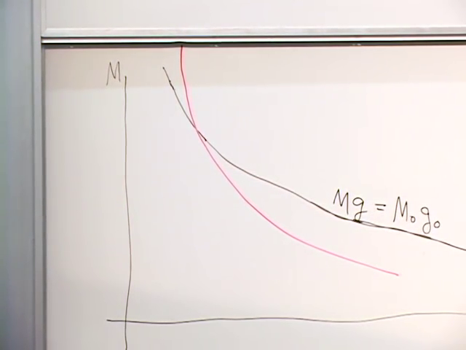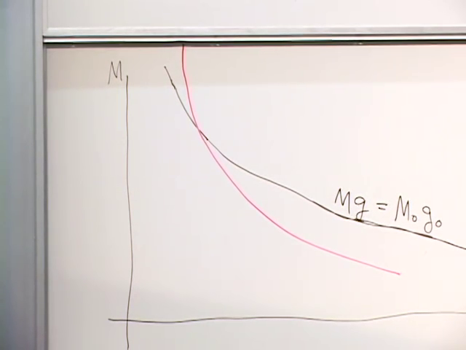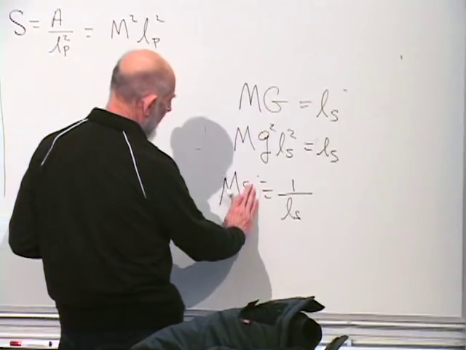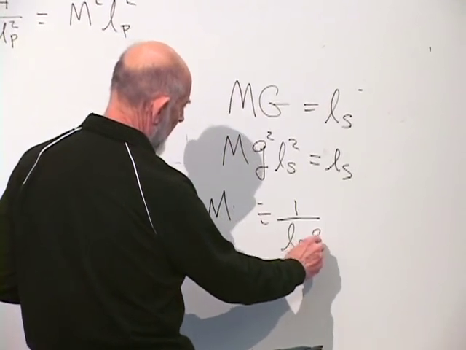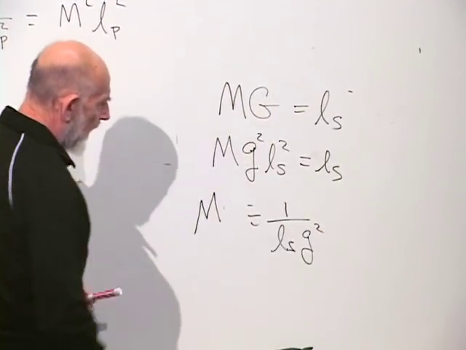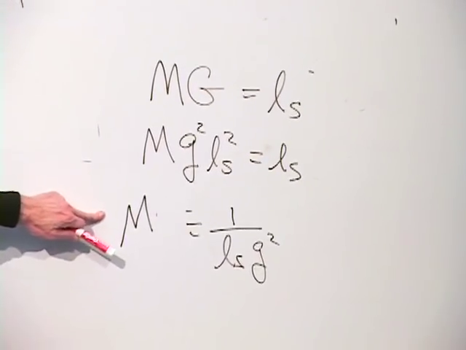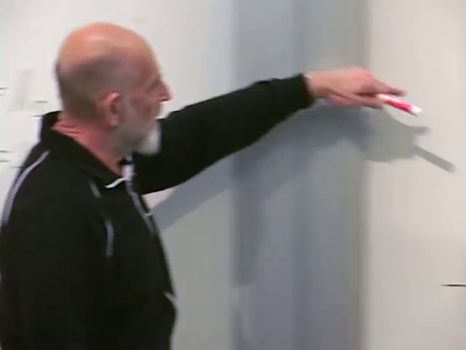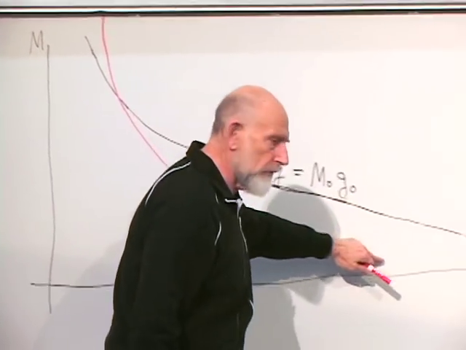When g is very large, this falls off like 1 over g squared. So this falls off more rapidly.